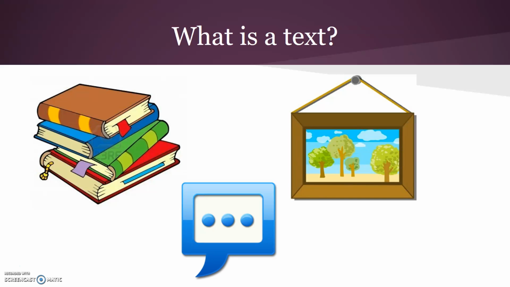So a text could be the text that you would receive on your phone from a friend, but a text can also be a painting or a work of art. It can also be a film or a television commercial. Anything that is trying to communicate an idea, for our purposes, we will consider a text.